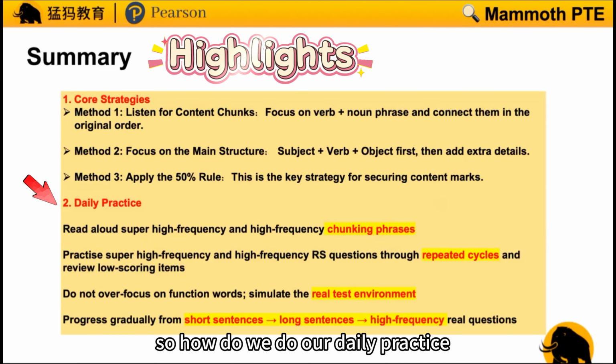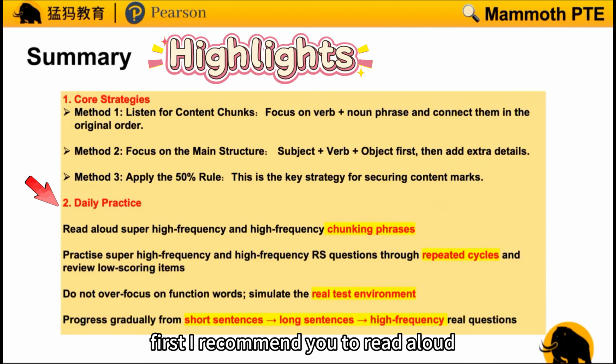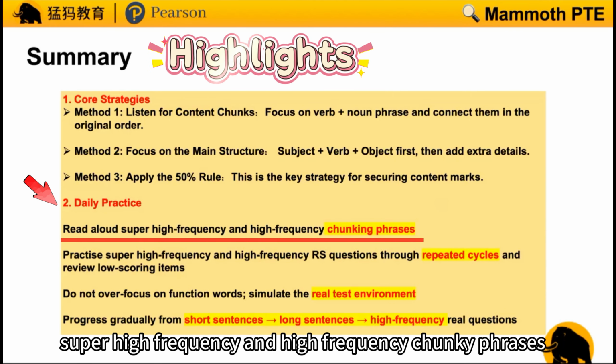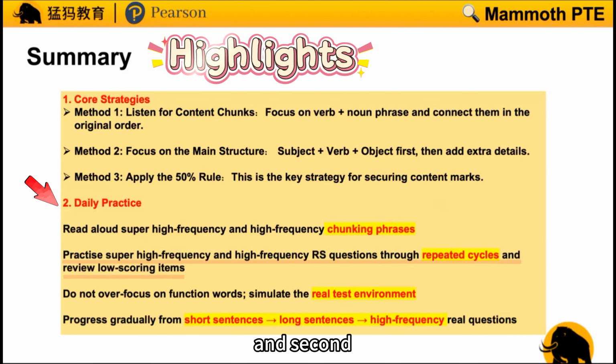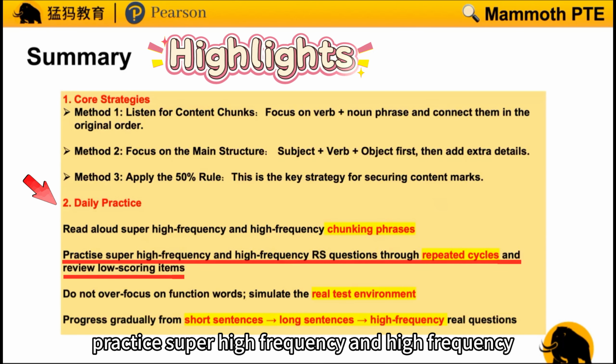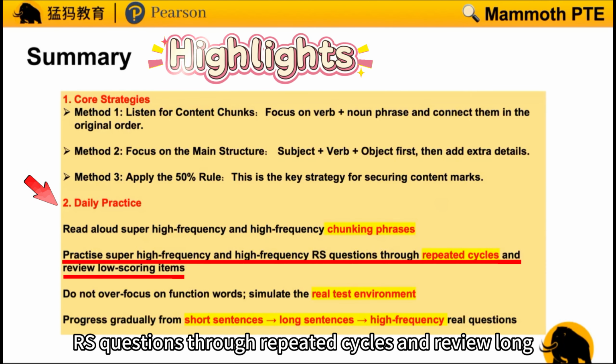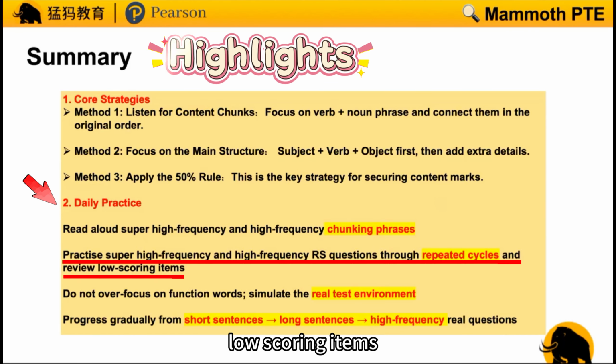So how do we do our daily practice? First, I recommend you read aloud super high frequency and high frequency chunky phrases. And second, practice super high frequency and high frequency RS questions through repeated cycles and review low-scoring items. Repeat and listen, repeat and listen. This is a cycle, right?